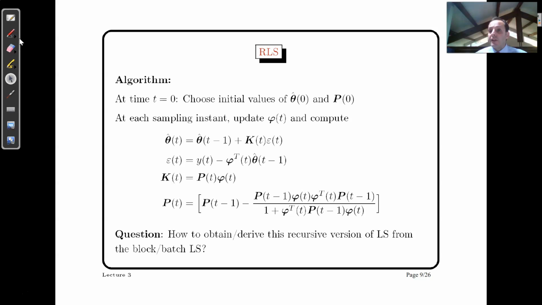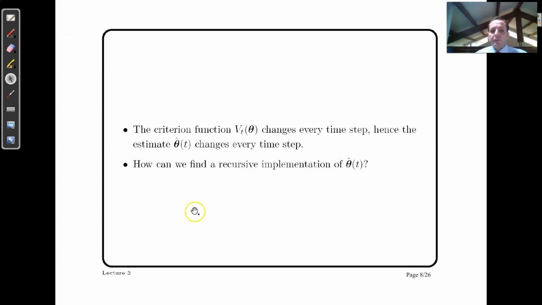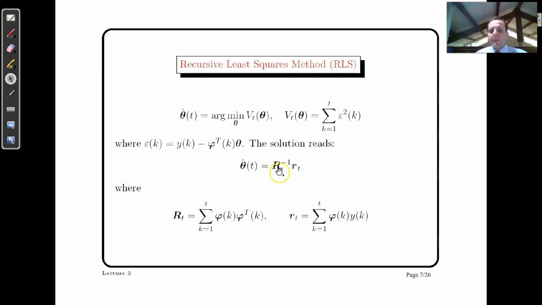It's based on the partition of this matrix into two matrices, one which contains the inverse and another matrix which is added to this one.